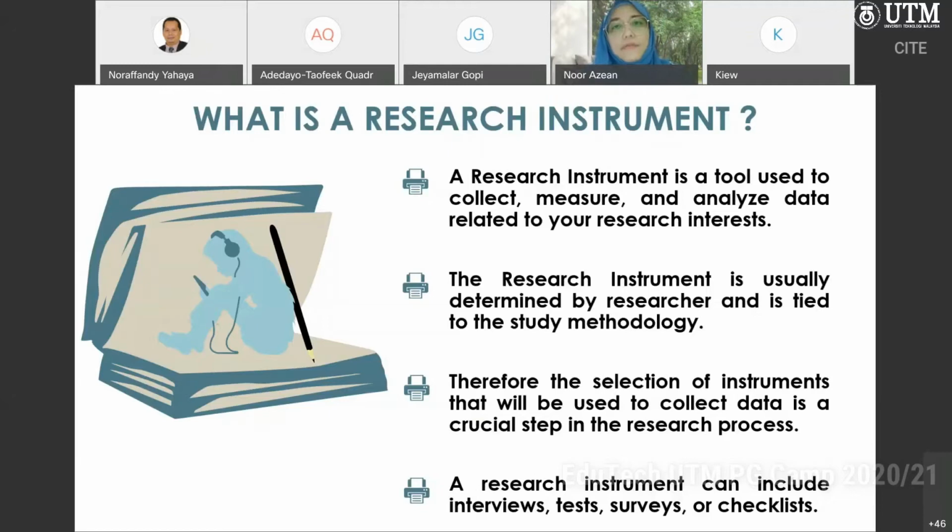However, during the process of data collection, researchers might fail to recognize that changes in the calibration of the measuring instrument can lead to biased results. So we have to bear in mind that if you want to amend anything in your instrument, you have to go back to the data validity and so on.